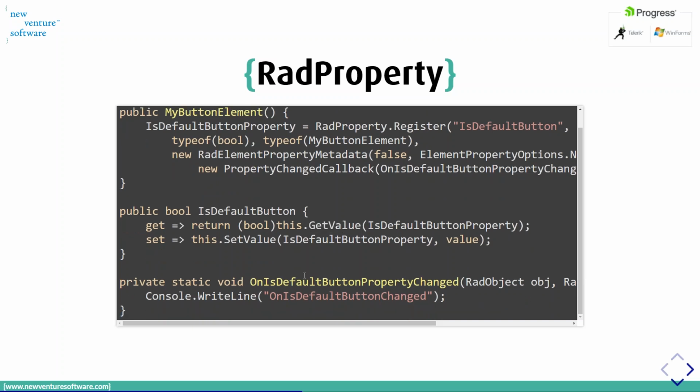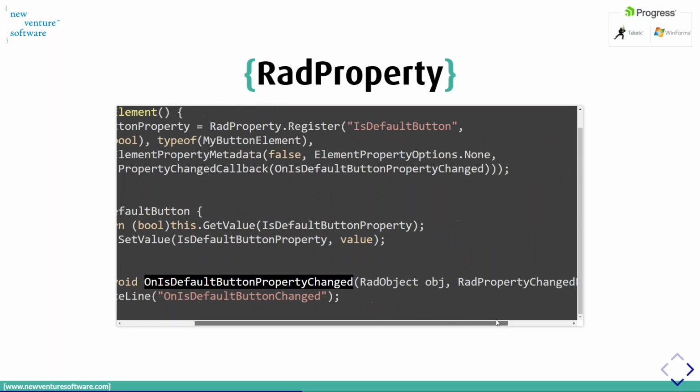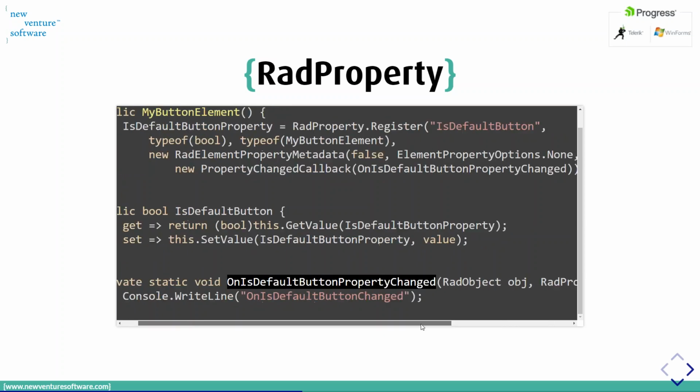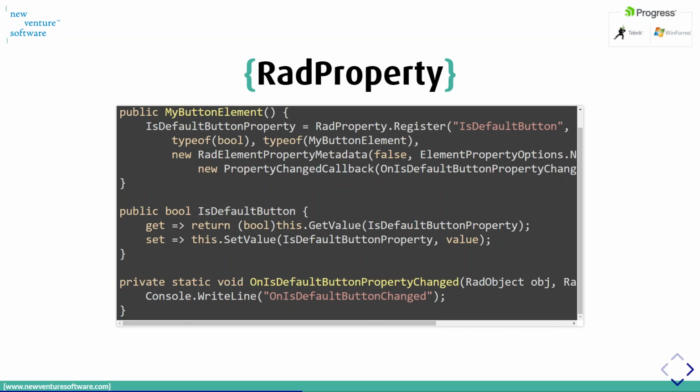And finally, I'm showing here that you can get notified when this property gets changed. So whenever someone or something sets this property, this callback will be called, and you can get the property changed. You can get the new and the old value. So very similar to what we have in WPF, but here you're getting this feature in WinForms.